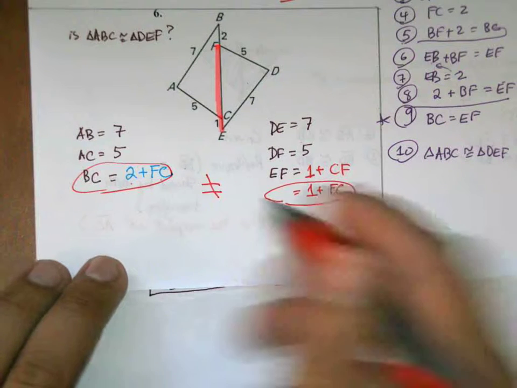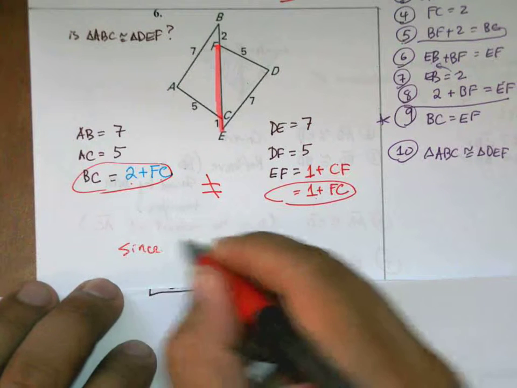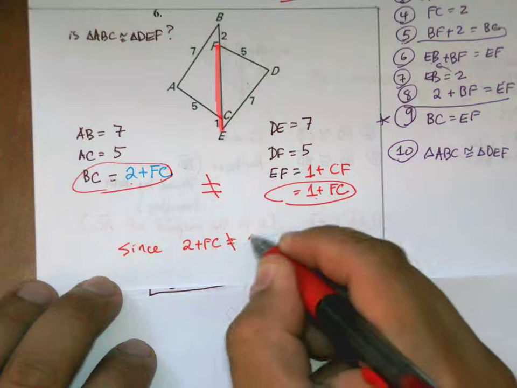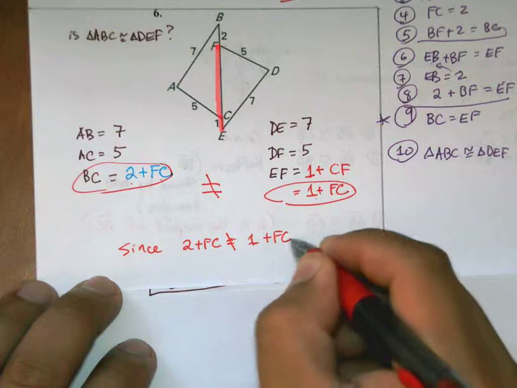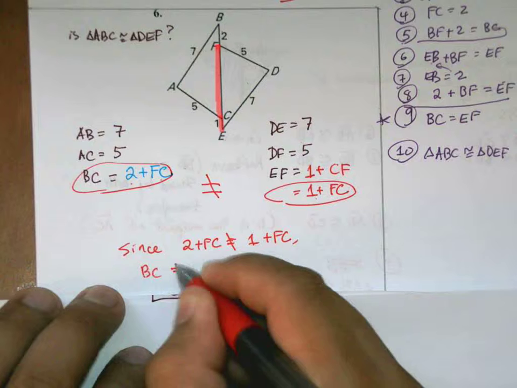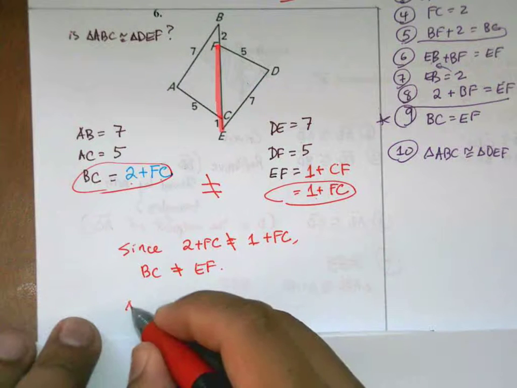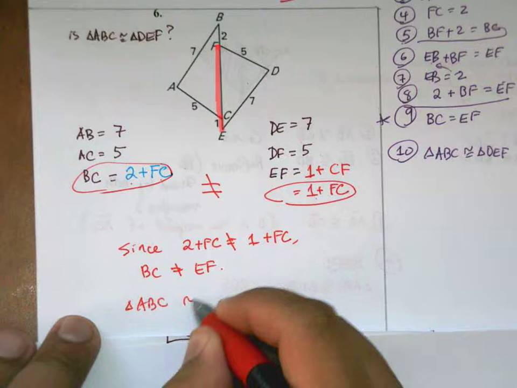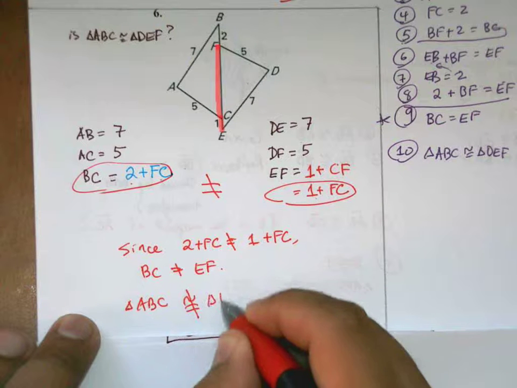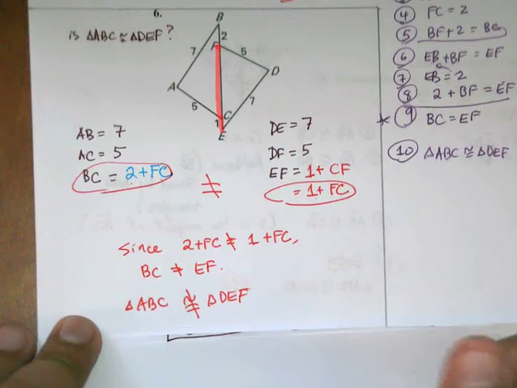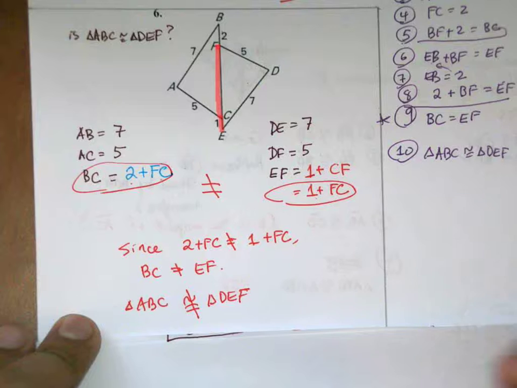So since 2 plus FC can't possibly be equal to 1 plus FC, BC can't be equal to EF, and then triangle ABC is not congruent to triangle DEF, because we don't have any other information that we could use besides the length of the sides, and the sides aren't congruent, so this is the best that we can say.